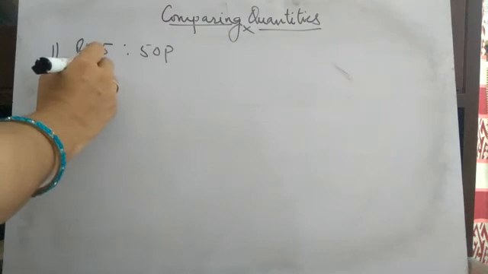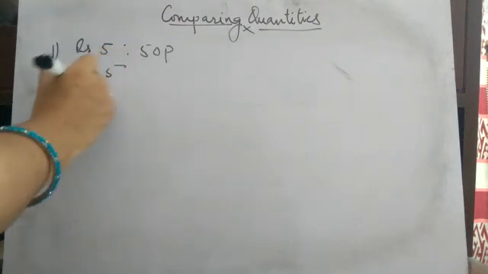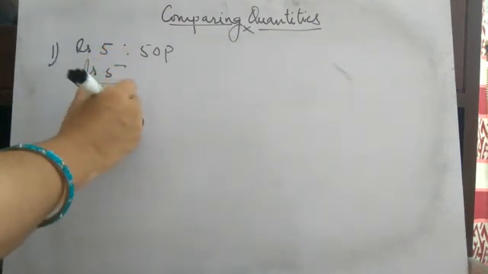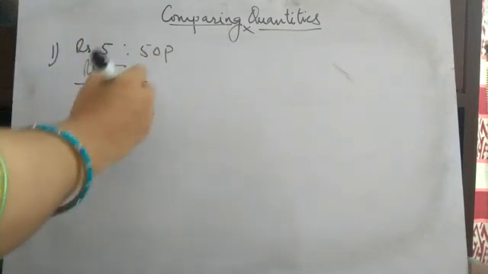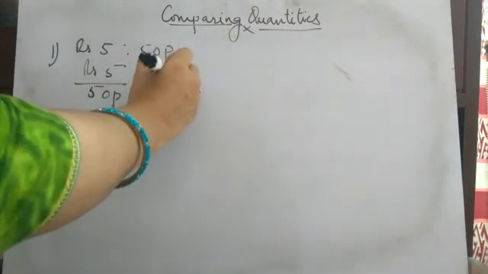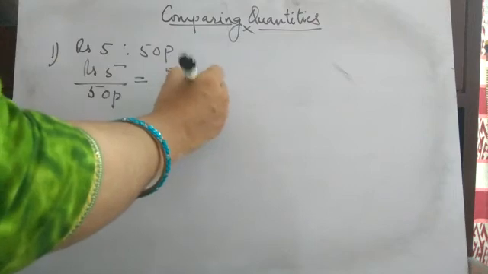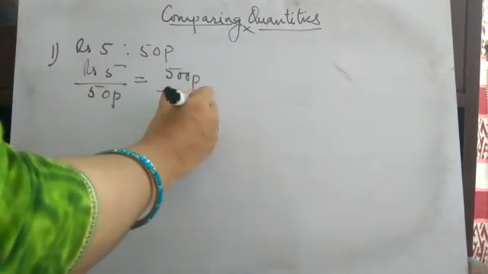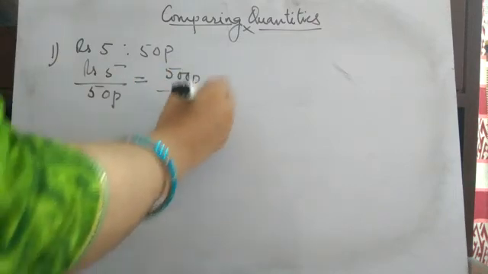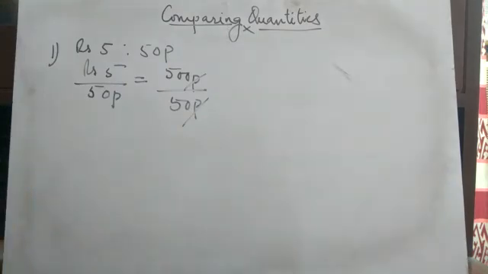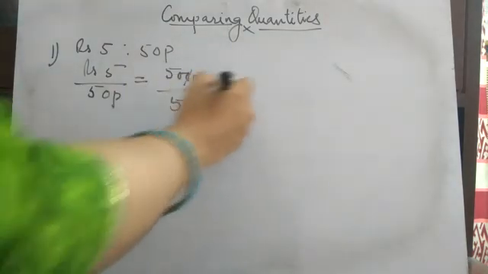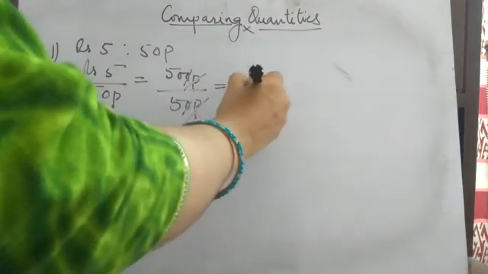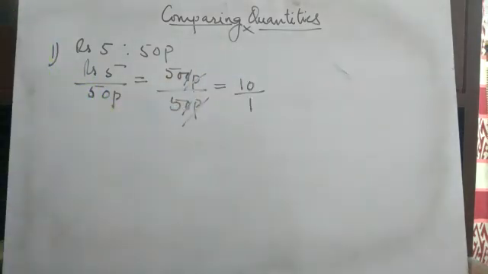Okay, so rupee 5 can be written as upon 50 paisa. Now rupees and paisa, they are different. Make it same. 1 rupee is 100 paisa. So 5 rupees is 500 paisa upon 50 paisa. Now the unit will cancel. 0, 0, and 5 ones are 5, and this becomes 10 by 1.